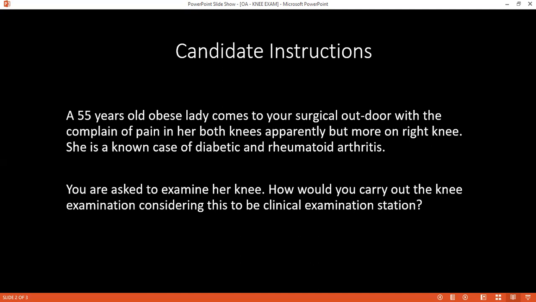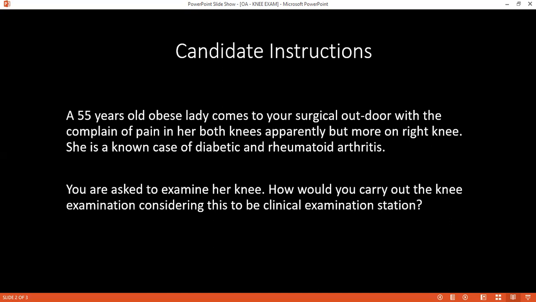To check for tenderness, I'll start from the tibia shin, come to the tibial tubercle, then up towards the patellar tendon, then round the patella, then up towards the quadriceps tendon. Then I will also check on both sides at the joint line, laterally and medially.